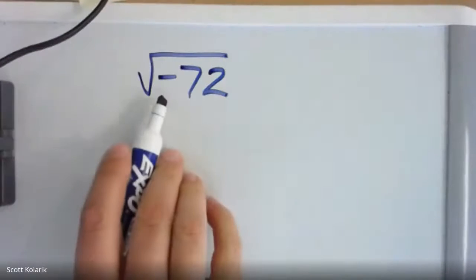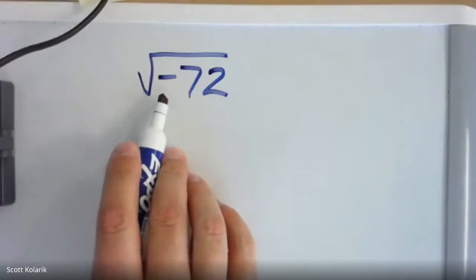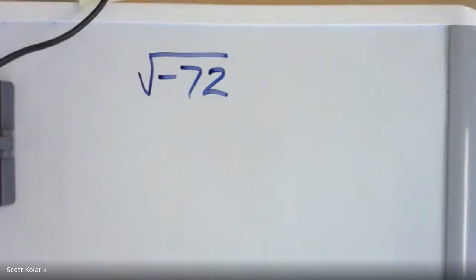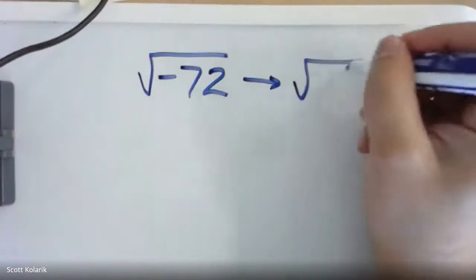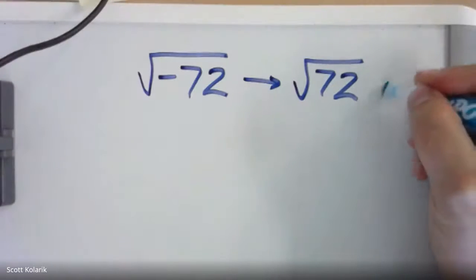Now, the fact that I'm dealing with a radical of a negative means I know automatically I'm going to be dealing with this imaginary set of numbers. Namely, I'm going to have i in my result. So here's the simplest way to deal with this right now. I can convert this into simply square root of positive 72, but now I would add in this imaginary number i.